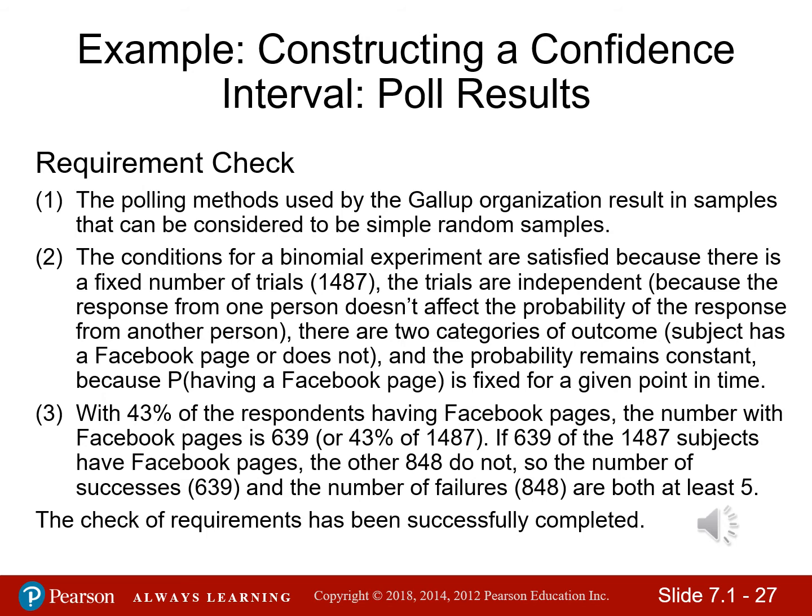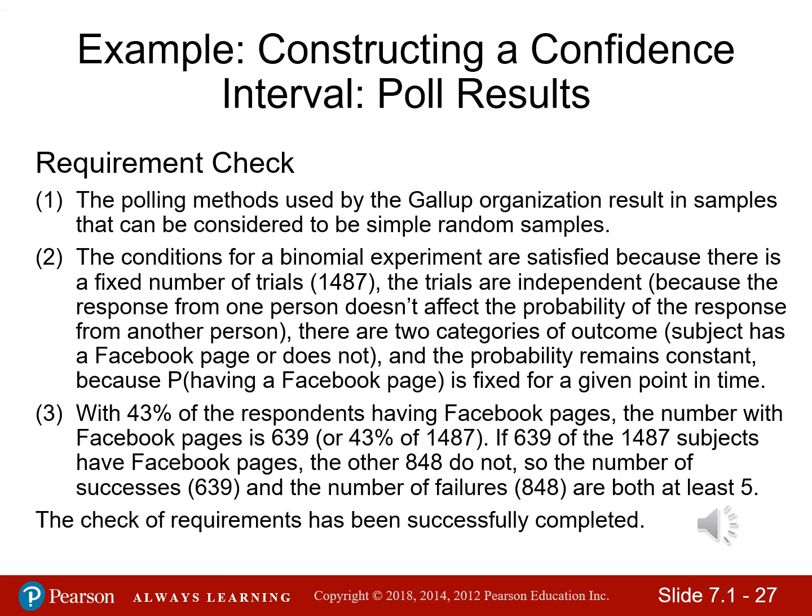Let's start with our requirement check. First, it was noted that the sample is a simple random sample. So the polling methods used by the Gallup organization result in samples that can be considered to be a simple random sample. Second, the conditions for the binomial distribution are satisfied. The conditions for the binomial experiment are satisfied because there is a fixed number of trials, 1,487.